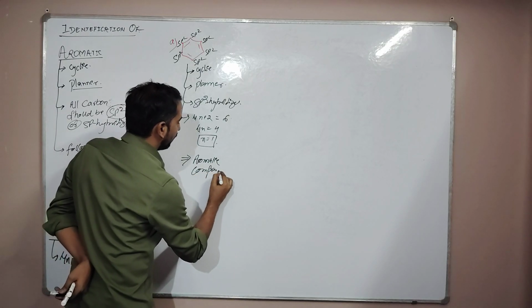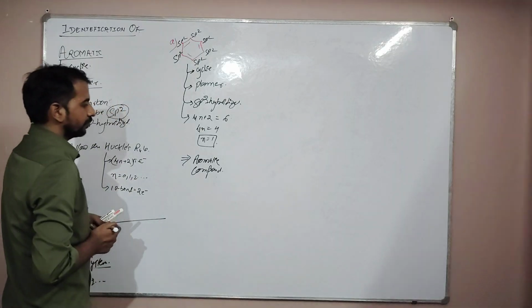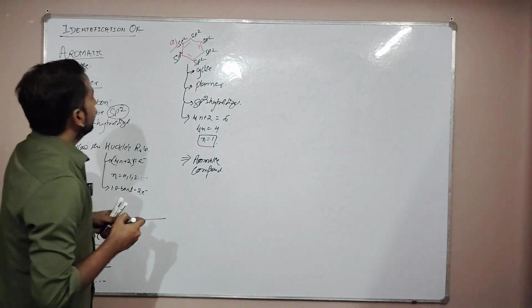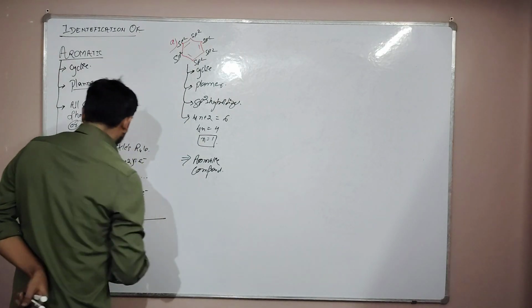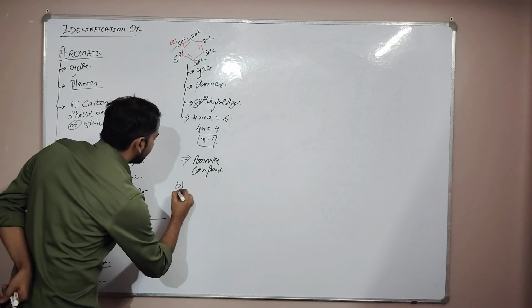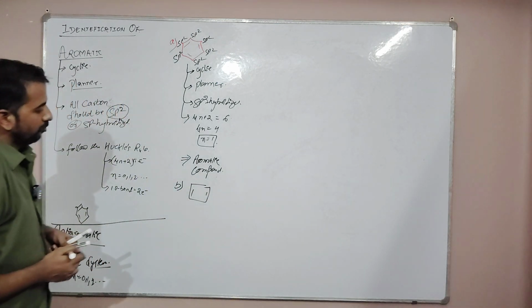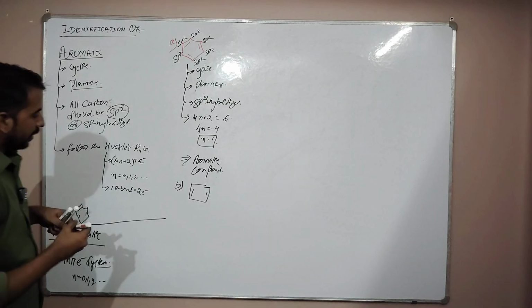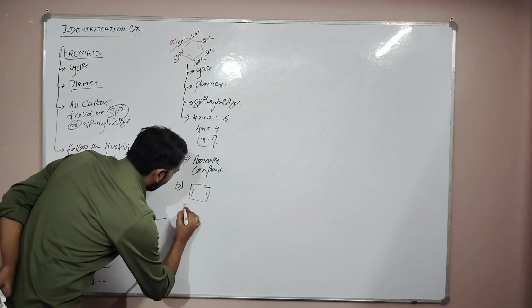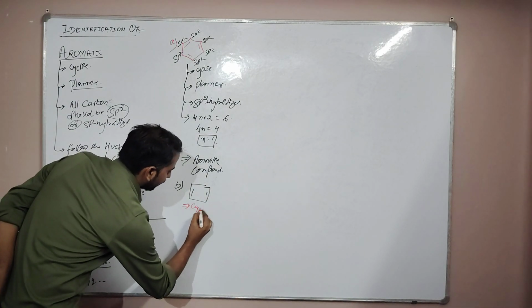Aromatic compound. Okay, now we will take one more example, this one which we took last time. Now just see, this compound is what? Cyclic.